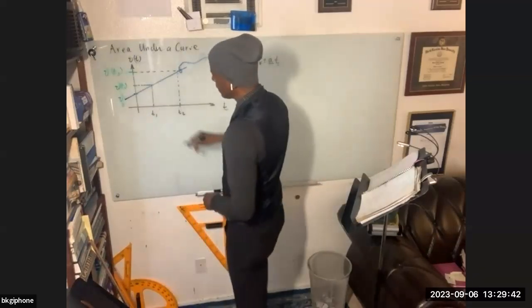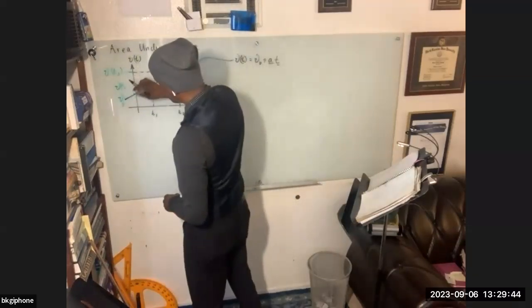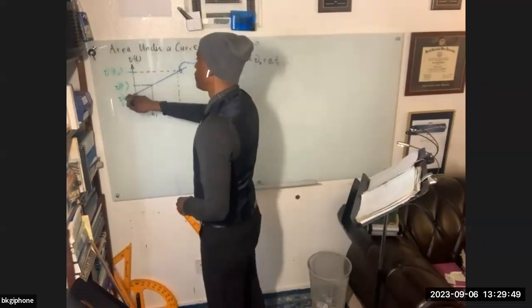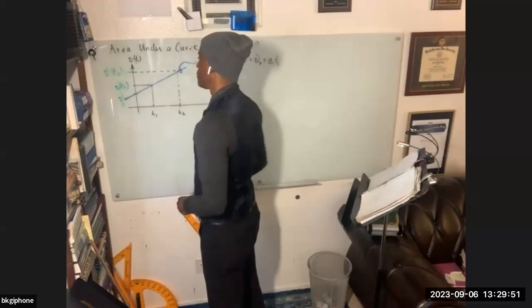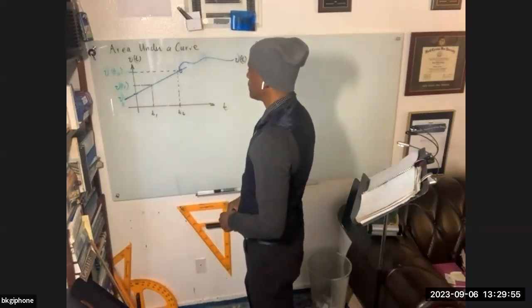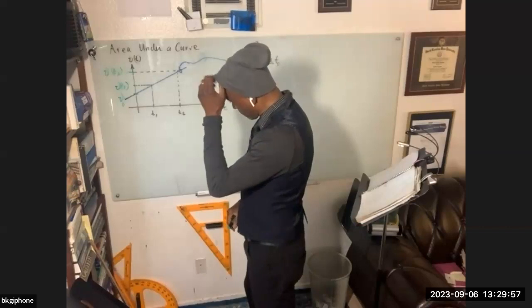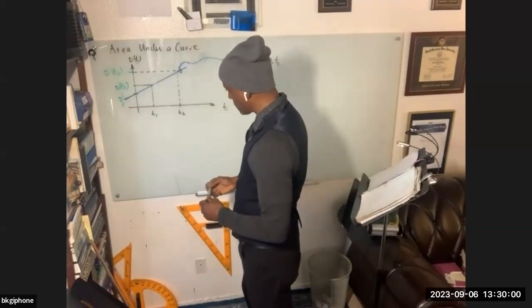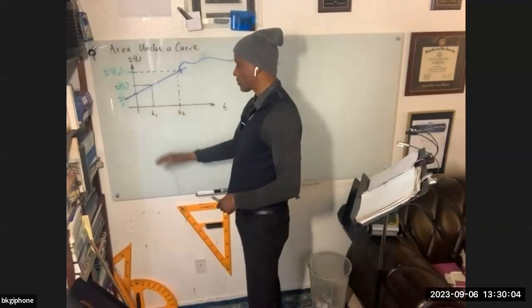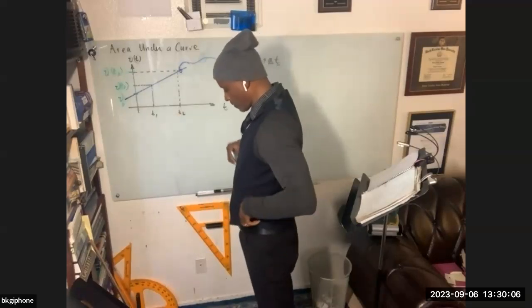Okay, you see that? Now, what I want you to do is just focus on this part right here. So this is the curve. We're going to look at the area under the curve between t1 and t2.